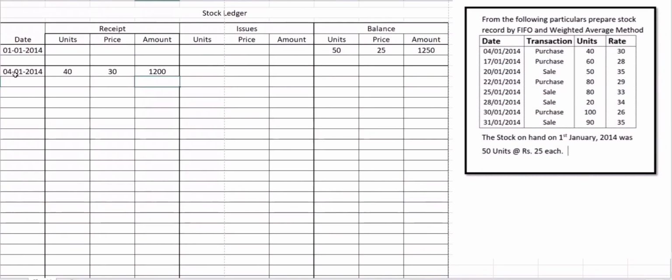After buying these units, I'll be having the earlier 50 units at the rate of 25, that is 1250, and today's bought units, that is 40 units at the rate 30, that is 1200.